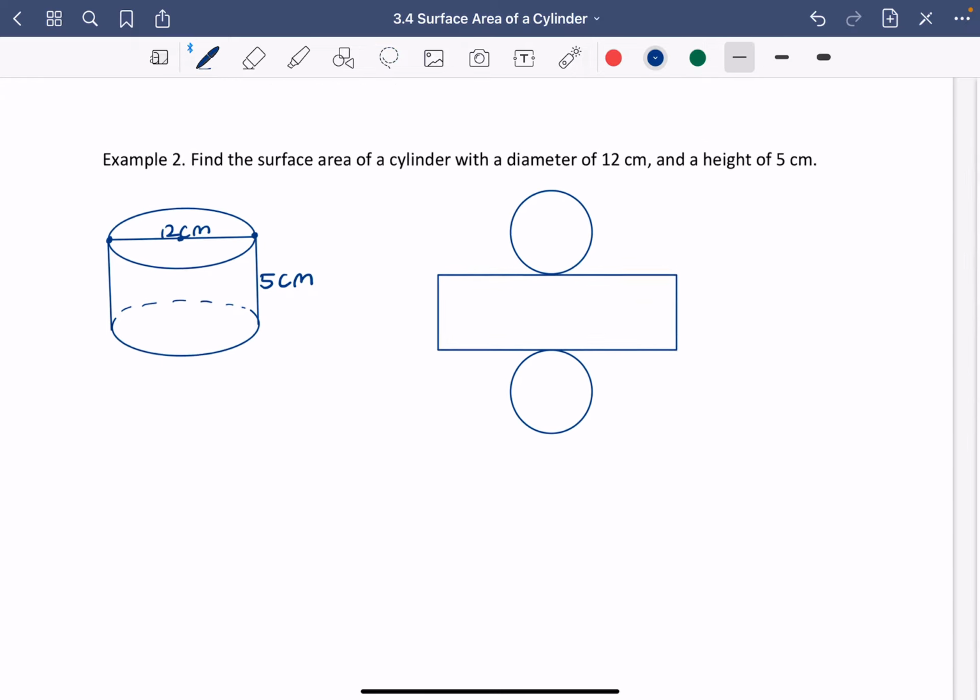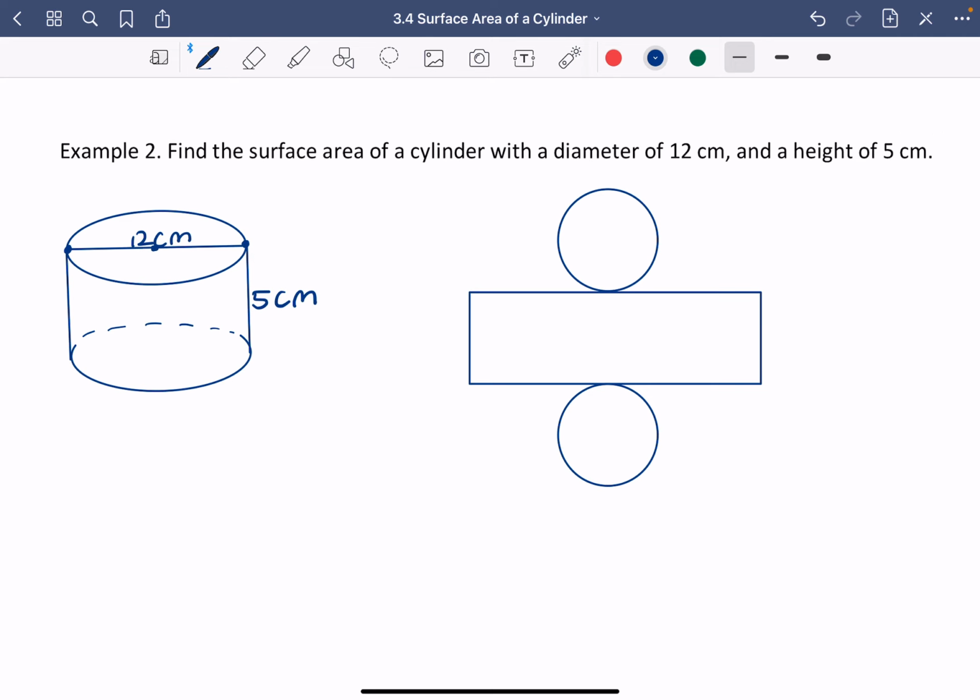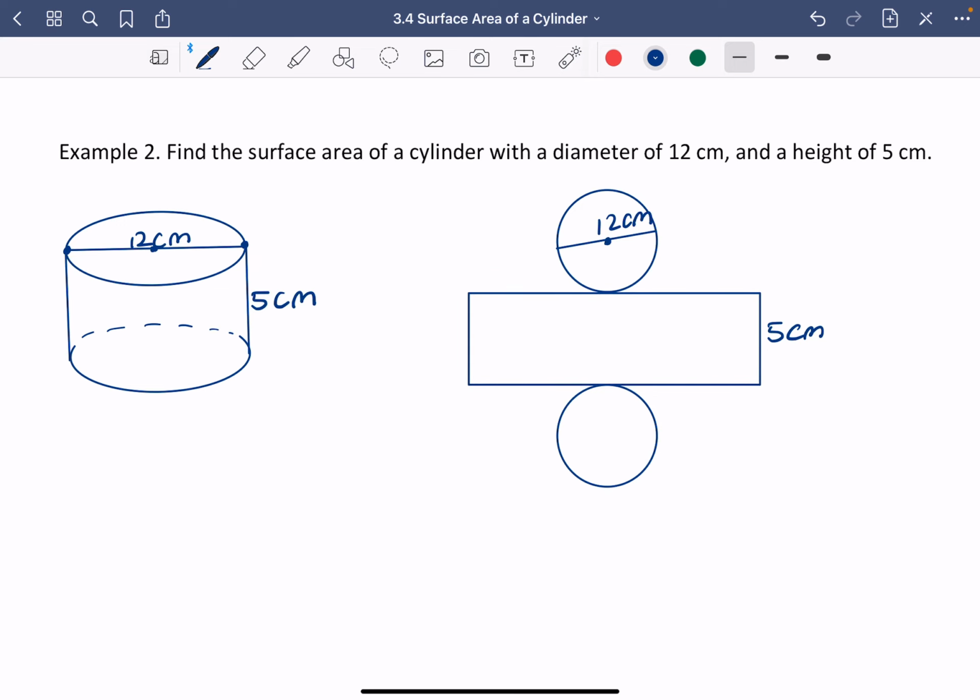And let's label the dimensions here as well. So this is the center, and our diameter will be from here to here. So that's 12. And then the width of our rectangle here is 5 cm. And now we can find the area.